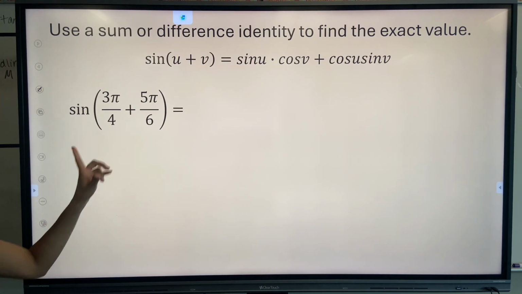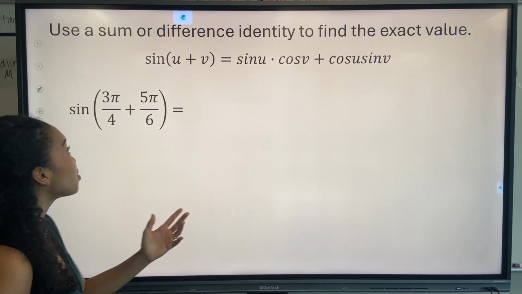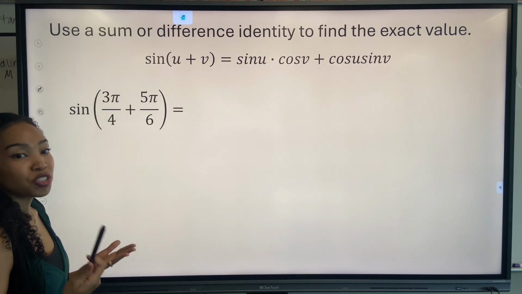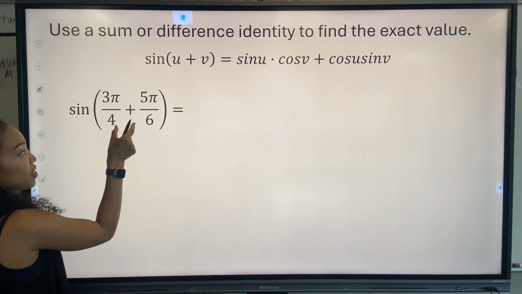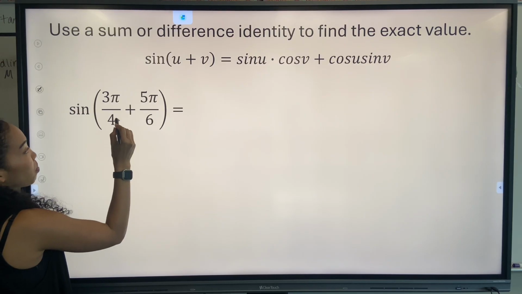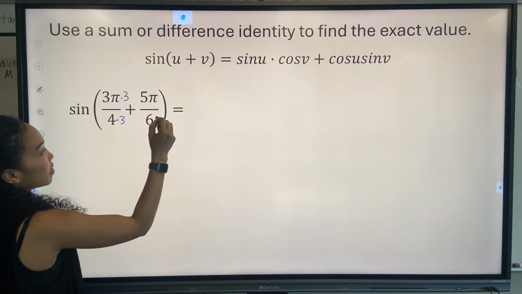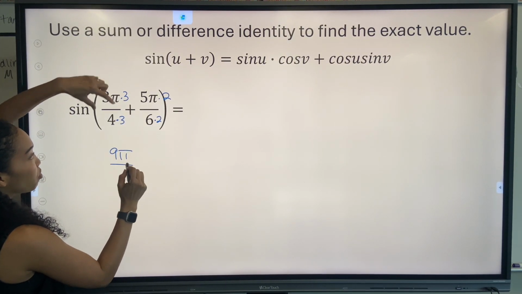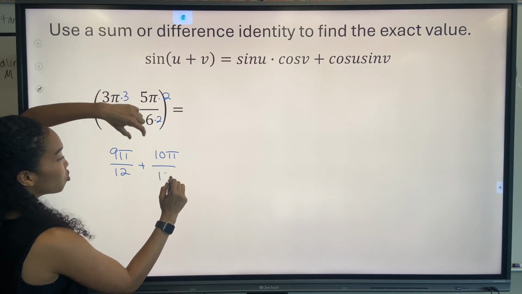So now I'm going to use this sum identity to find the exact value of this angle. Now you don't have to do this, but I'm just showing you where it comes from. If I make these denominators the same, I would multiply this by 3 and multiply this by 2, so that this becomes 9 pi over 12 plus 10 pi over 12.